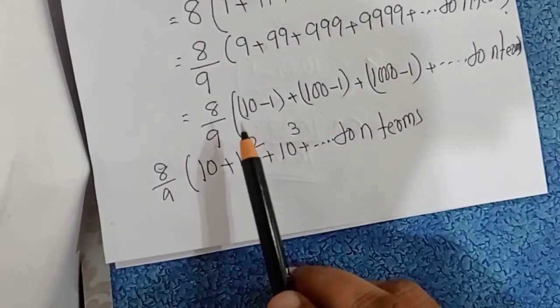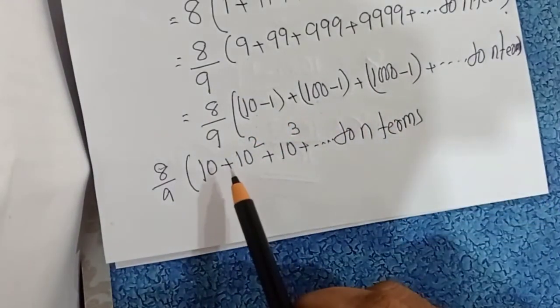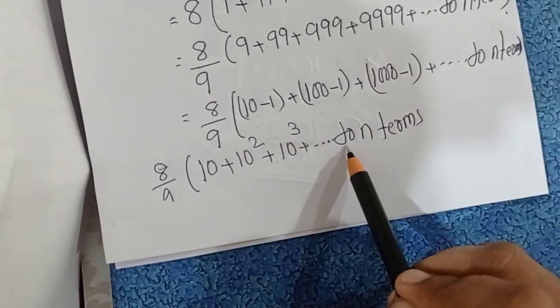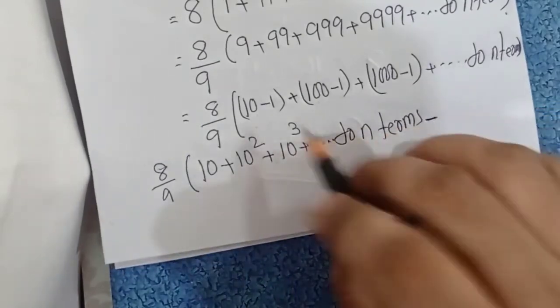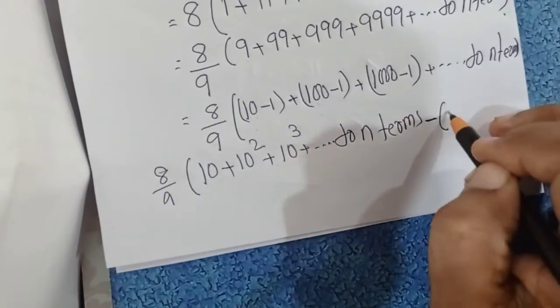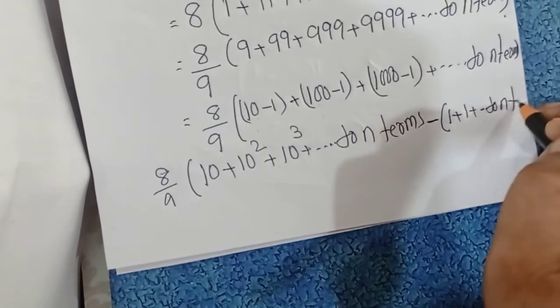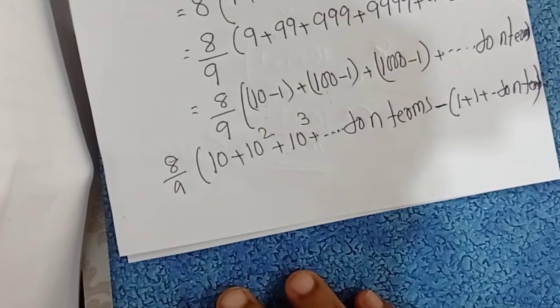We separate this sequence as 10, 100, 1000 like that. 10 plus 10 square plus 10 cube plus etc. to n terms, minus of 1 plus 1 plus etc. to n terms.